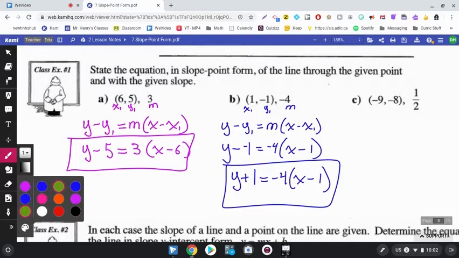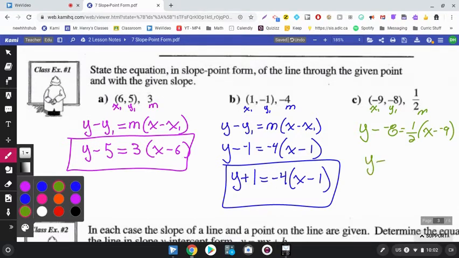All right, the last one I'll do. And maybe, if you're feeling comfortable, let's not write down the formula. I'm still going to label x1, y1, and my slope. But maybe I go, okay, y minus -8 equals 1/2 x minus -9.